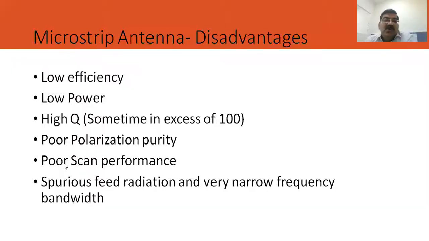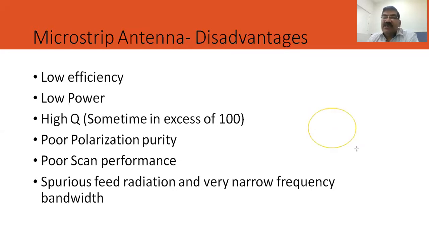Now we'll come back to our microstrip antenna. So this is poor polarization purity. If it is circular polarization, it may not be the complete circle that is expected.